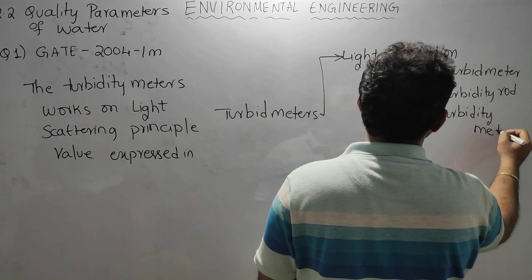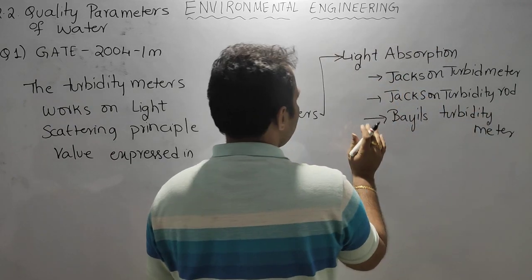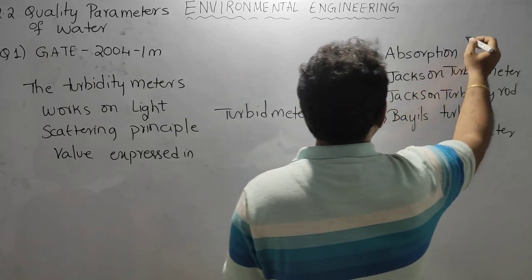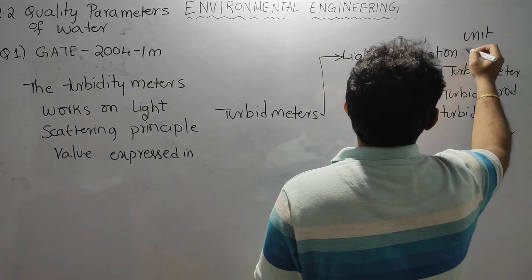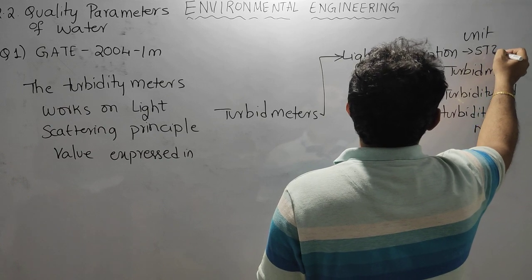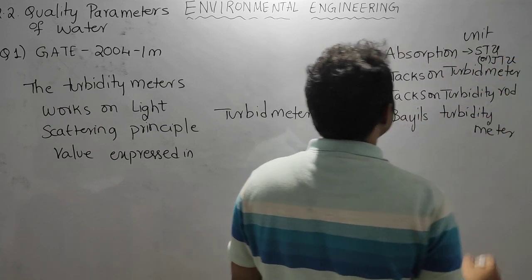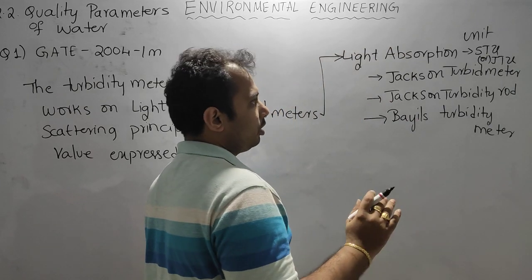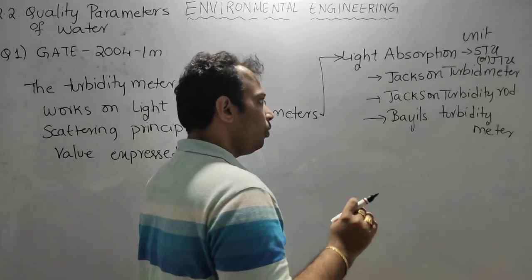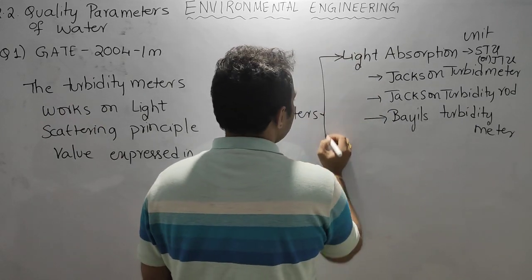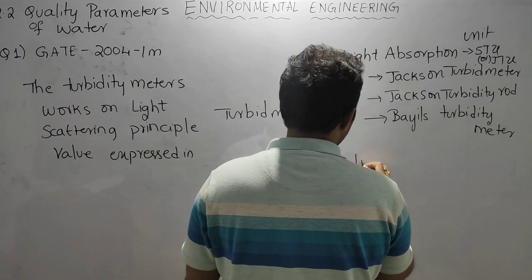All these three have units of silica turbidity unit, STU or JTU. So the unit is silica turbidity unit, or simply turbidity unit, when it is working on the light absorption principle.